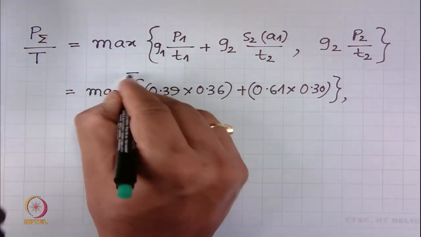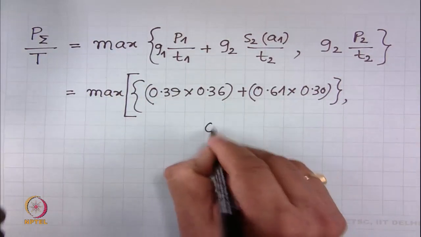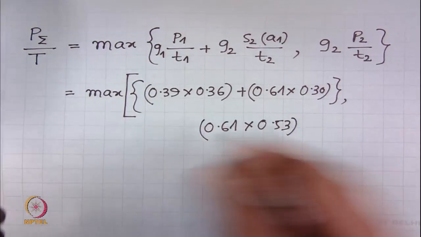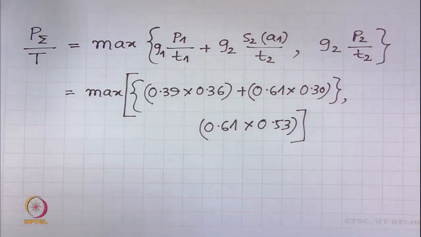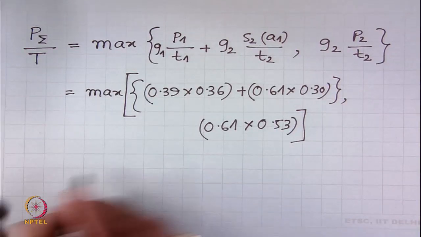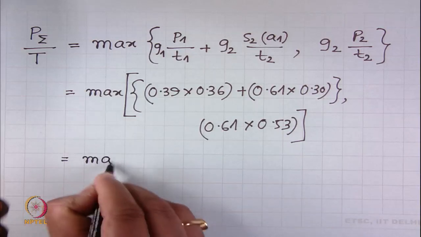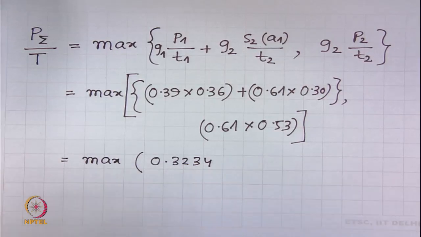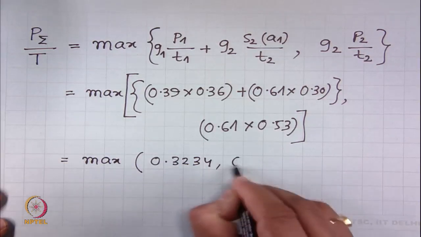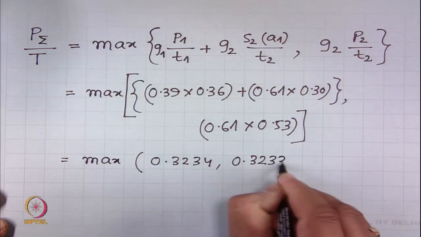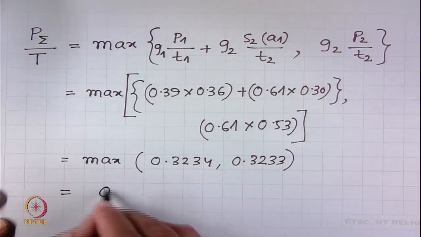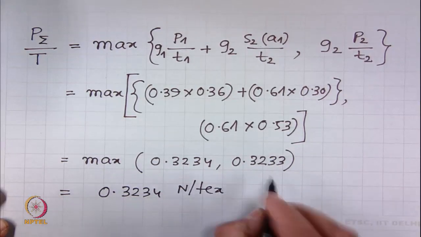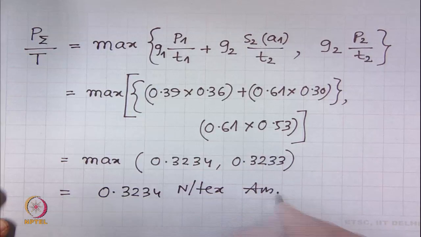So this is one value. The next value is 0.53. So there will be two values, 0.3234 and another, and the unit is Newton per tex. That is the answer.